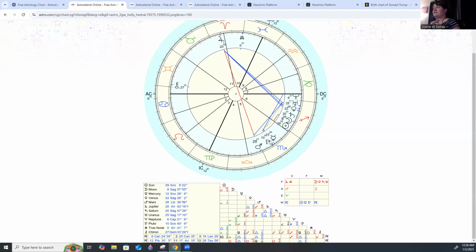So each planet, that's Mercury, Pluto, Mars, Saturn, Venus, Uranus, Neptune, they all have a different orbit around the sun, but it's all condensed onto this one circle. So that's why it's represented. So like Saturn has a 30-year orbit around the sun. So it takes 30 years to go around this wheel. Whereas Earth, represented by the sun in the chart, takes 365 days to go around the wheel.